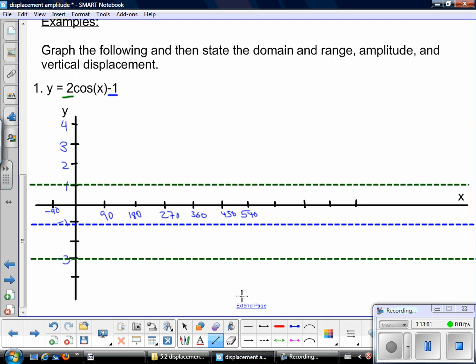And finally, I look to see whether I have sine or cos. In this case, I have a cos. Cos starts at the highest point unless I have a negative in front. And I don't, so I start at the highest and I'm my ping pong ball for every one of those.